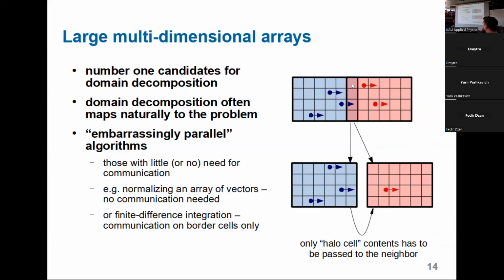So if I know, for example, that I'm setting my element here with the knowledge of the element before it, that's in this direction, so I need to read this in order to set this. I can use so-called halo cells, where I store the value from my neighbor in that halo cell.